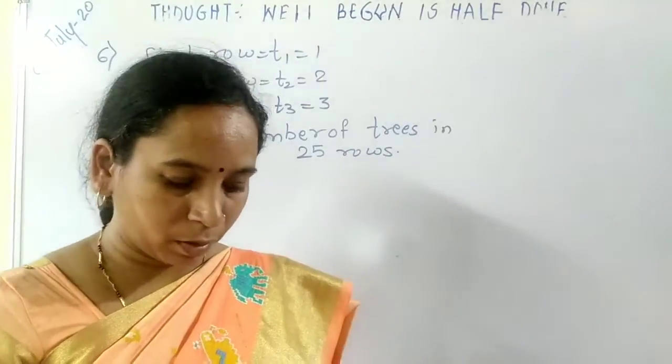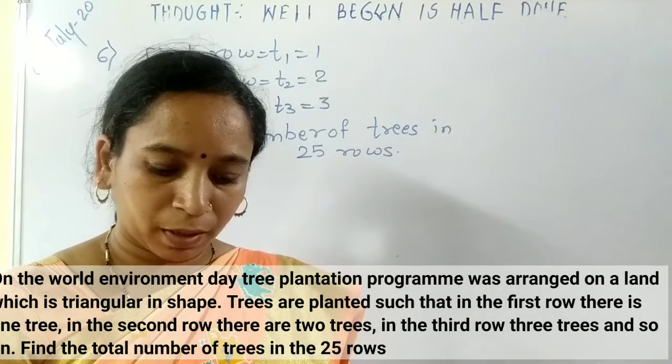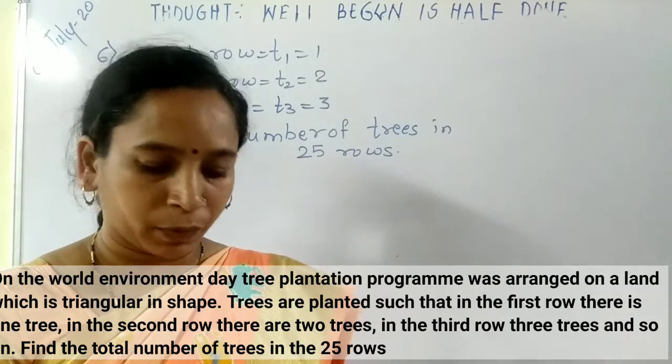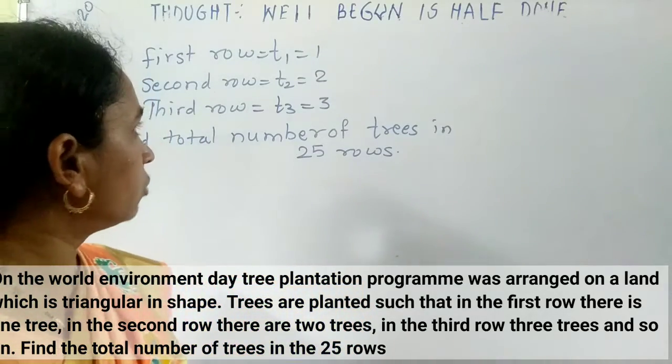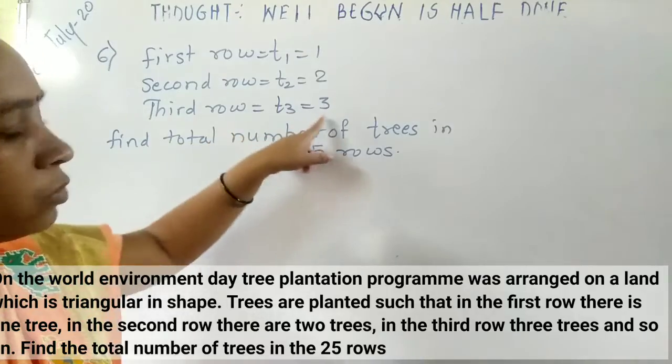In the sixth example, on the World Environment Day, a tree-plantation program was arranged on a land which is triangular in shape. And trees are planted such that in the first row they have given one tree, second row two trees, third row three trees.